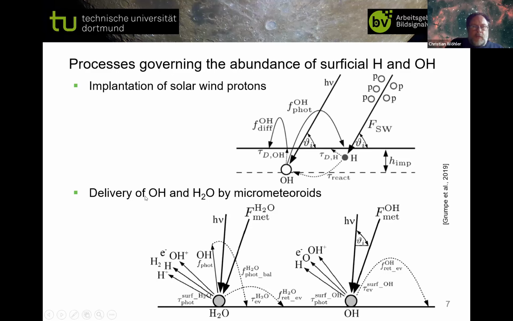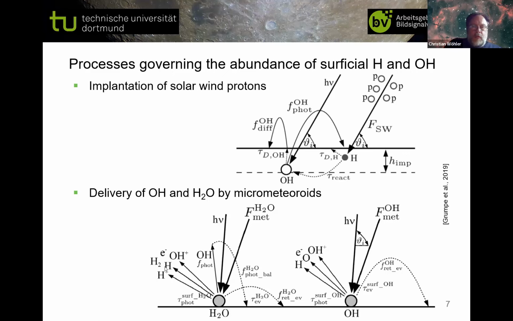And on top of that comes the delivery of hydroxyl and water by micrometeoroids. So water delivered by micrometeoroids can also decay by photodissociation. Also, it can return to the surface, it can evaporate after the impact, and it can decay into various species, namely H+, or hydrogen, or H2, or hydroxyl, OH+, and free electrons.